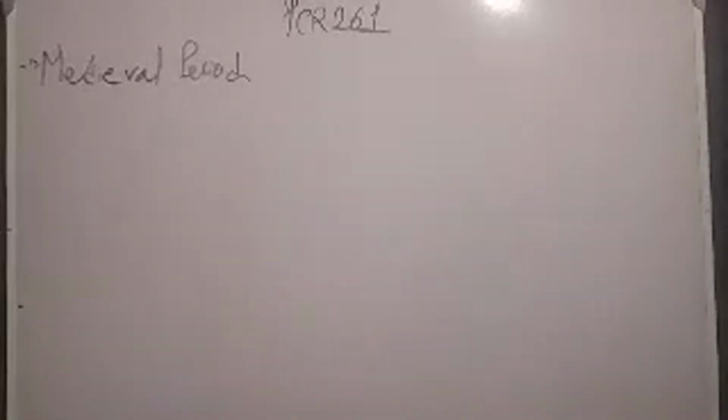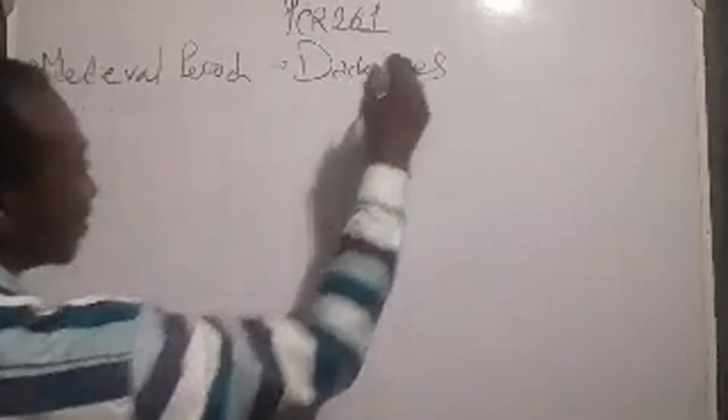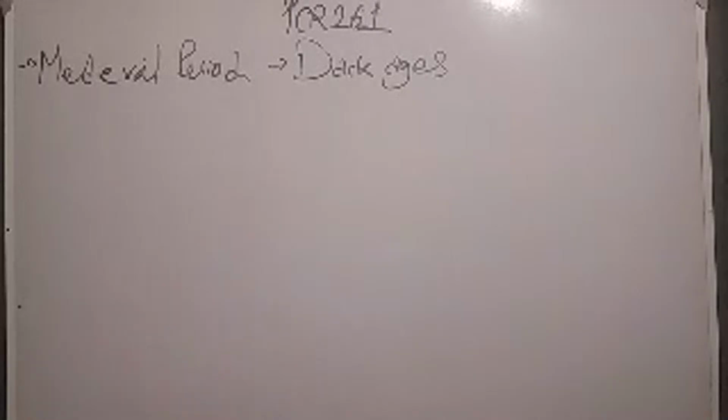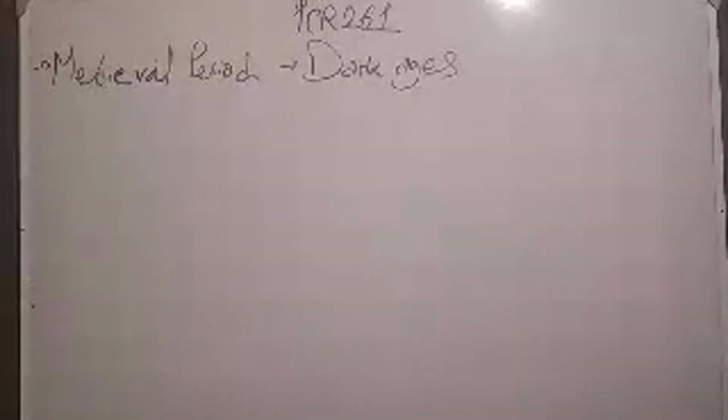Now, during this period, there are things we need to note as well. This period, which is also known as the Dark Ages, that is connotative. A lot goes into that. That's why I said it is connotative.